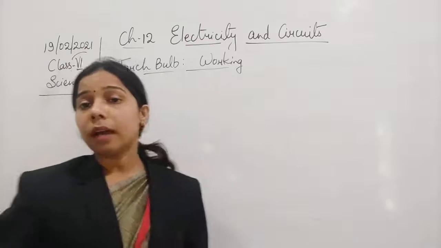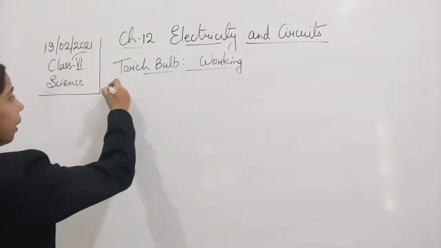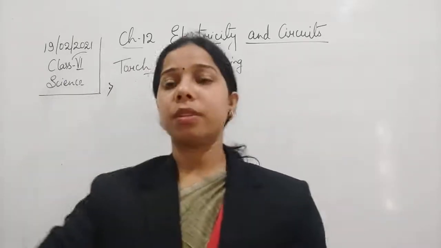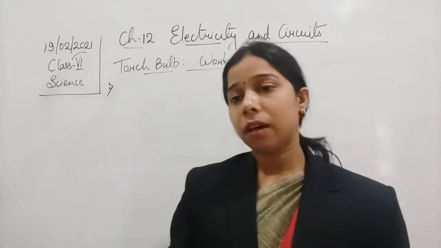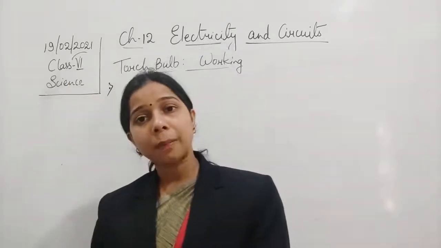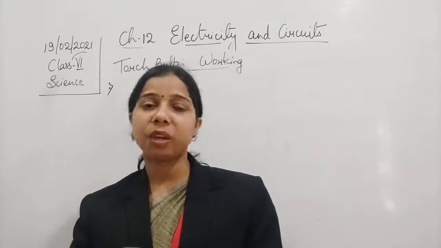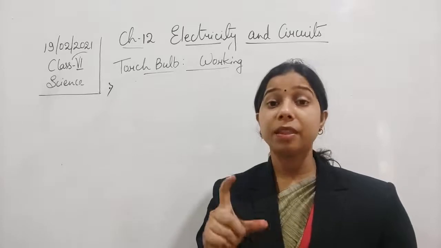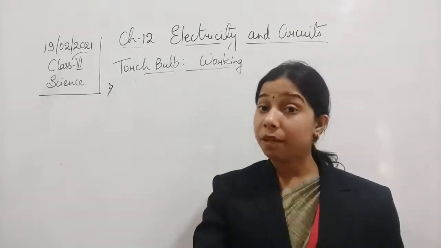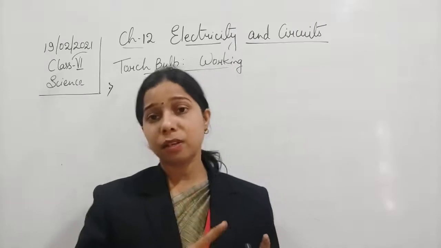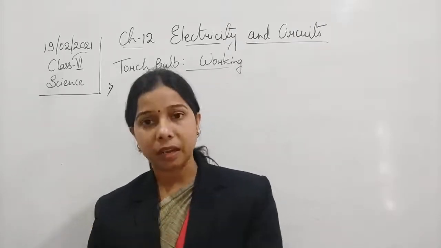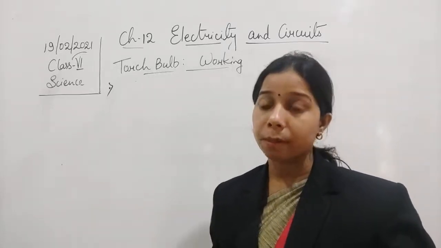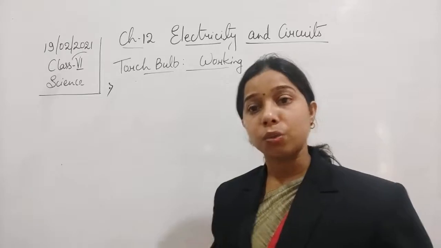Moving on, a torch bulb helps in converting electrical energy into light. You give electricity to the torch bulb with the help of the dry cell. The chemical present in the dry cell, the electric cell, helps in giving the electric current, and this electrical energy given to the torch bulb is converted into light.